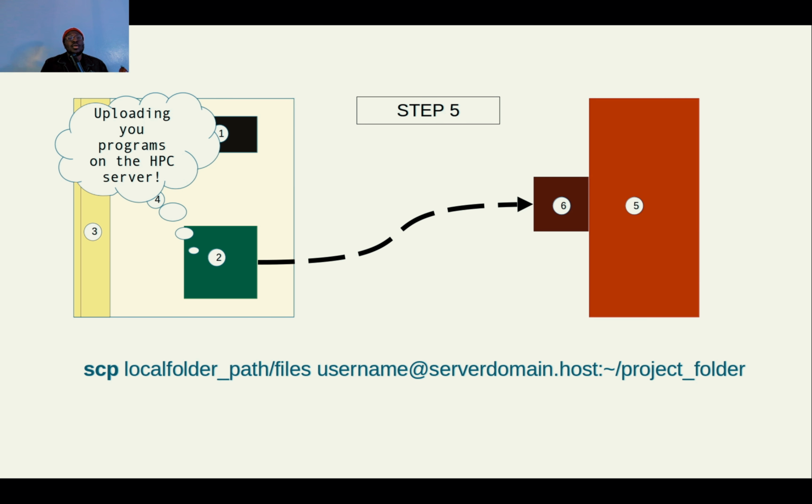Now I can upload all the files from my local machine to the HPC server using a very simple SCP command. Again, very basic, very simple. It shouldn't be difficult for you to reproduce this on your own based on the configuration in your machine. Should be very simple. That's number 5.